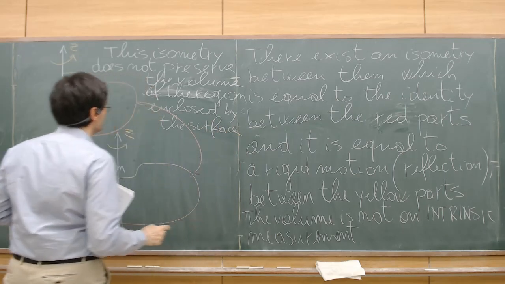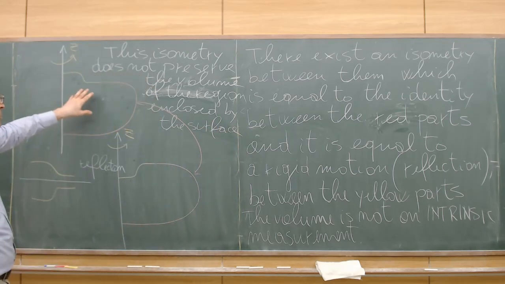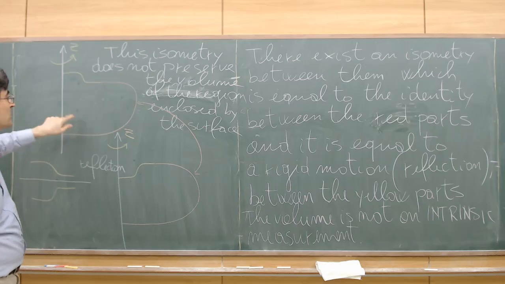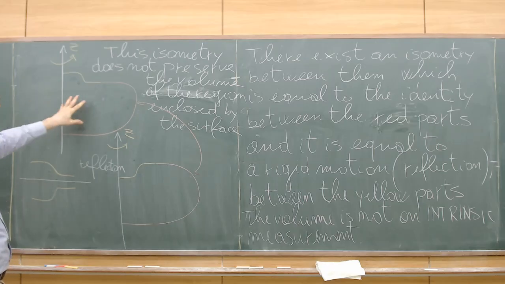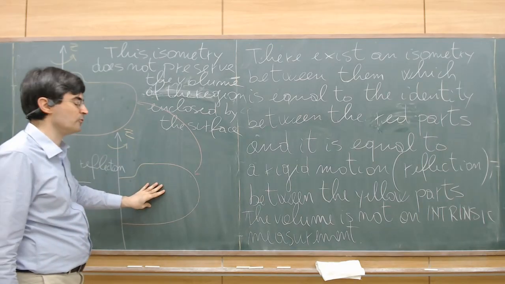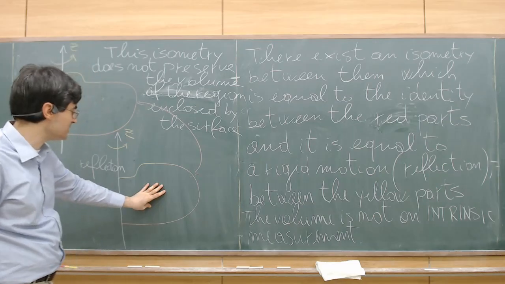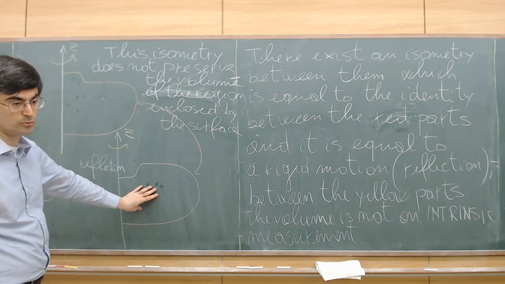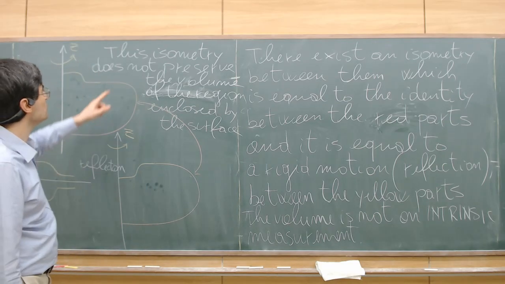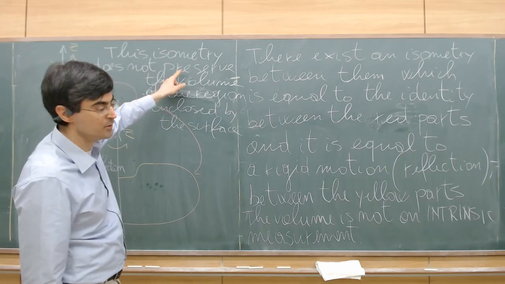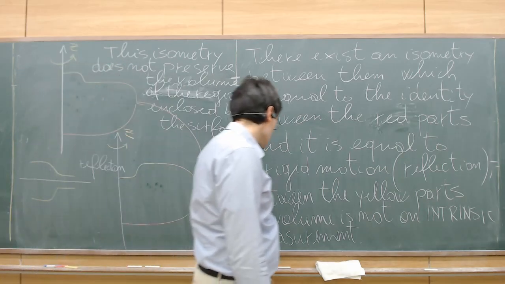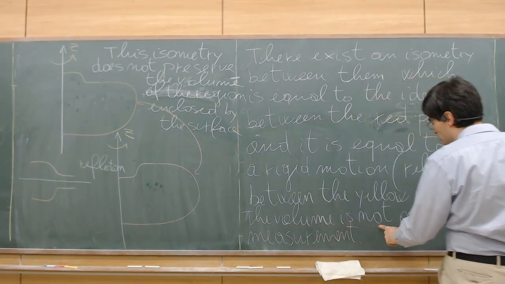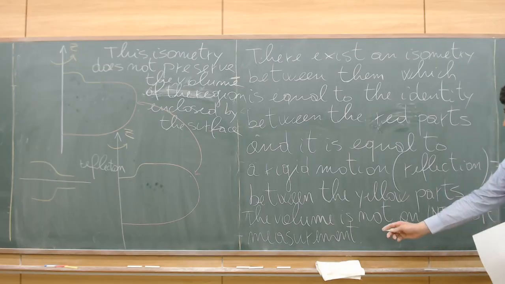It is clear that the volume of the region enclosed by this surface of revolution is different from the volume of the region enclosed by this surface of revolution here. So this isometry does not preserve the volume. Consequently, the volume is not an intrinsic measurement.